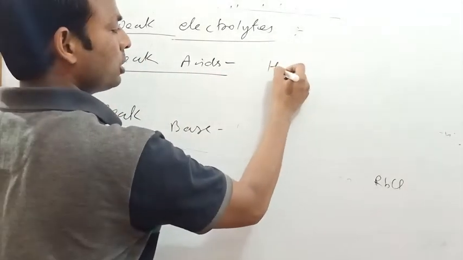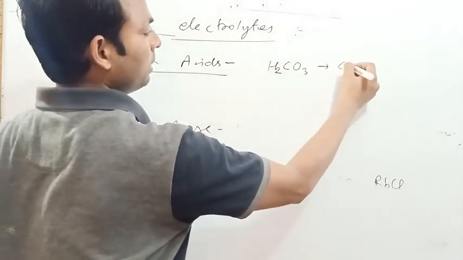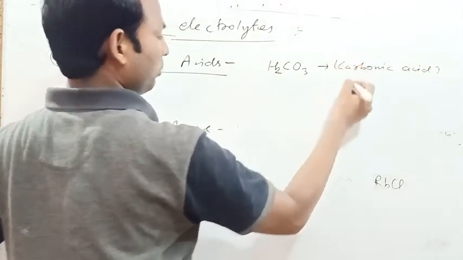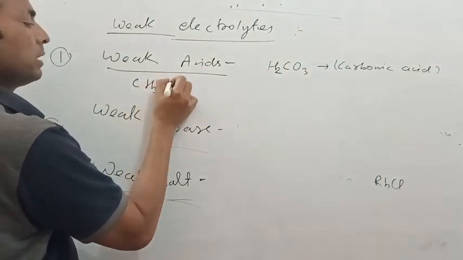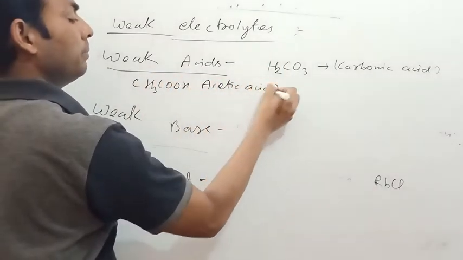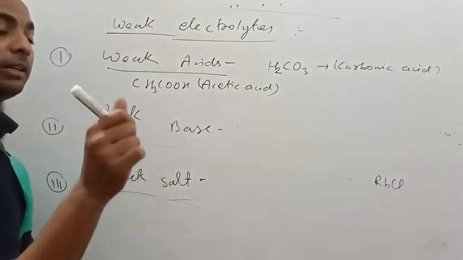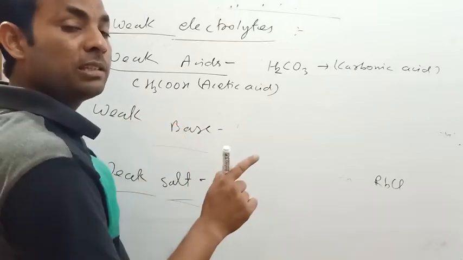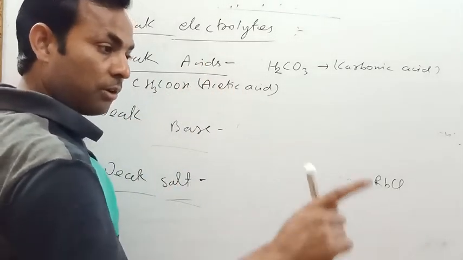Weak acids are like H2CO3, its name is carbonic acid. Don't forget. CH3COOH, acetic acid. It is the main source of vinegar. Don't forget, it is also an important question for your board. Acetic acid is the main source of vinegar.